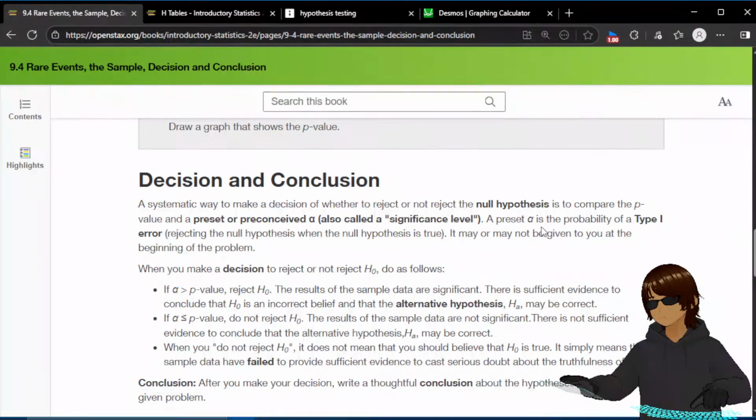If the probability of type 1 error is higher than the p-value, why are we rejecting the null hypothesis? Shouldn't it be the opposite?